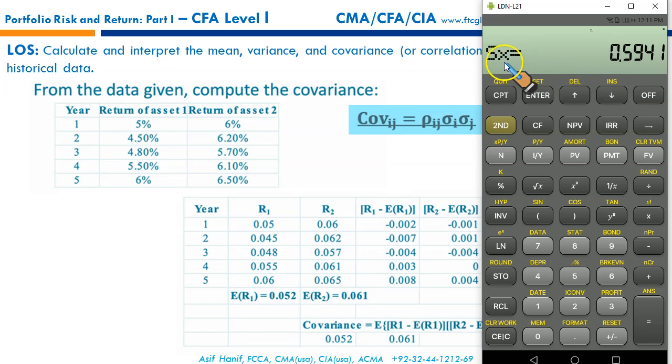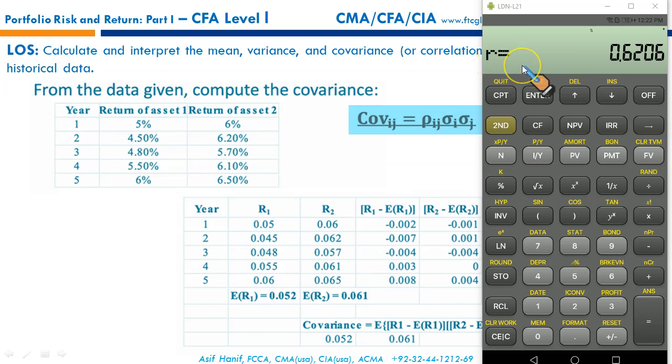This is the sample standard deviation of x, then the population standard deviation of x. Then the second return, denoted here by y. This is the mean for y, the second set of data, that is 0.061 or just 6.1%. That is the sample standard deviation, then the population standard deviation. And this is the coefficient of correlation.